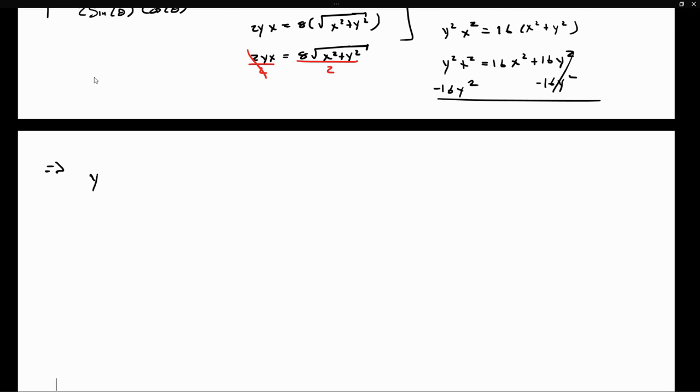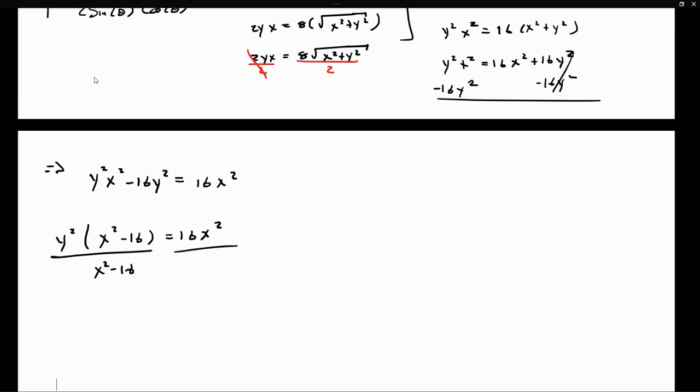So now I have y squared x squared minus 16y squared equals 16x squared. Now in these 2 terms, I have a y squared in common, so I can factor that out. Let's divide by x squared minus 16 on both sides. We're almost done, I promise you that.